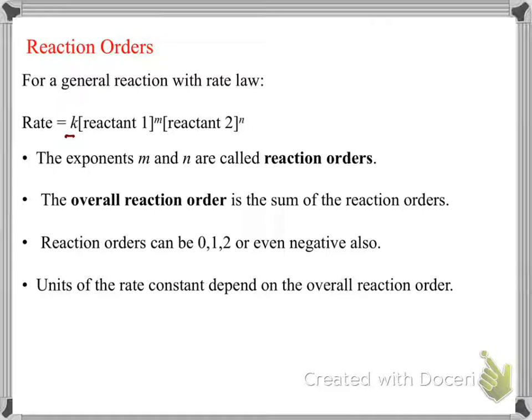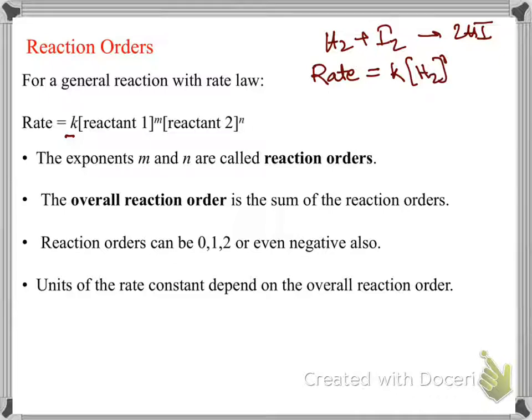For example, if I have H2 plus I2 gives 2HI, there are two reactants. So if I have to write down the rate law, it will be k times reactant 1 raised to the power m, reactant 2 raised to the power n. I'm just using these letters m and n to represent the order.